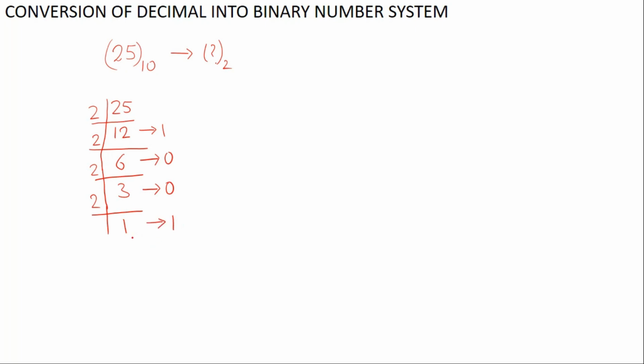Okay, we have to go on dividing until we are not getting 0 or 1 at the last. So how we have to write? We have to start from the bottom. Okay, bottom to up. So the binary equivalent of decimal 25 is 11001 base 2.